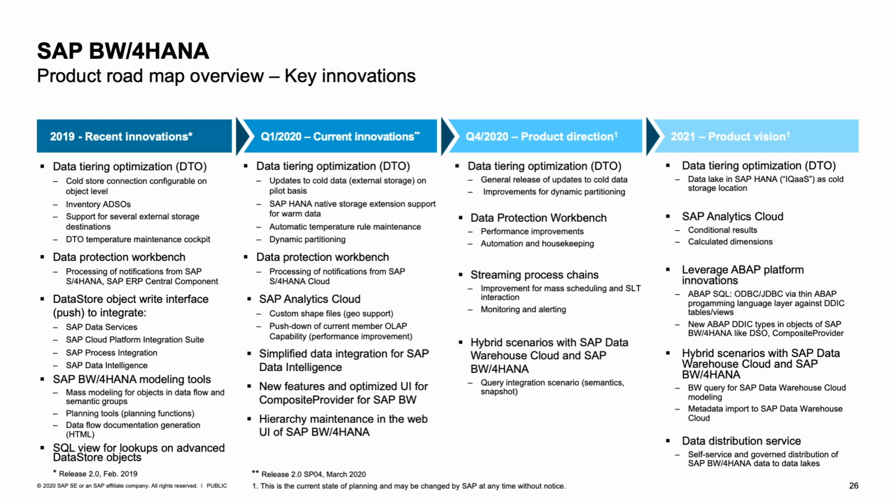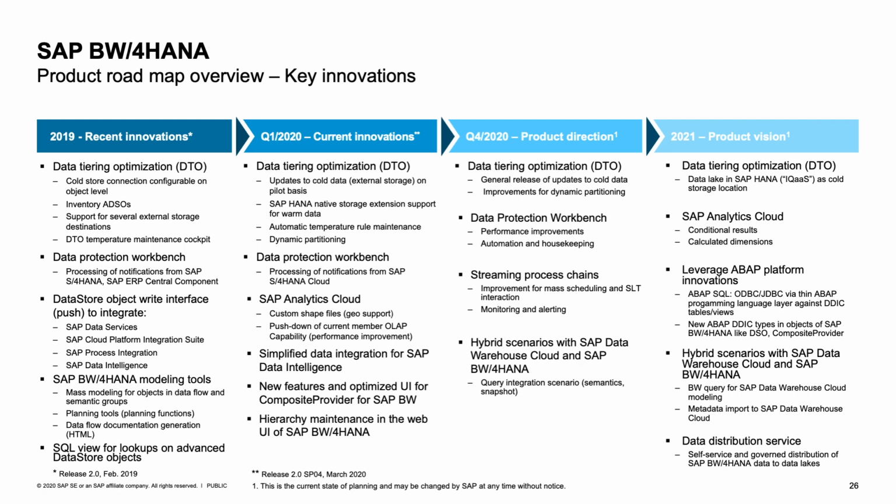And here you can basically see in the different columns what we already have shipped in 2019, then what we have shipped with support package 4, basically with this presentation, what I introduced with this presentation. And you can also see that we, of course, plan further enhancement packages in the future. And you can see it even here, that even for this year, we plan to ship a second feature pack for BW for HANA 2.0.